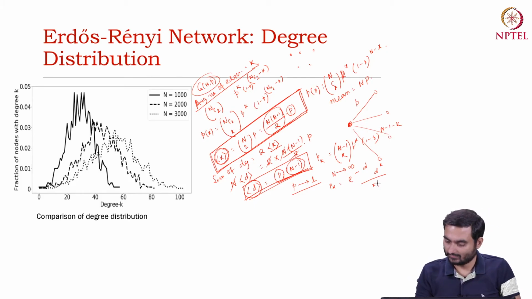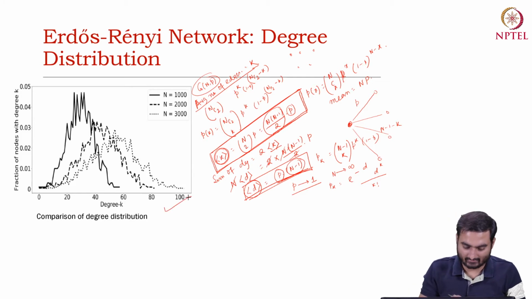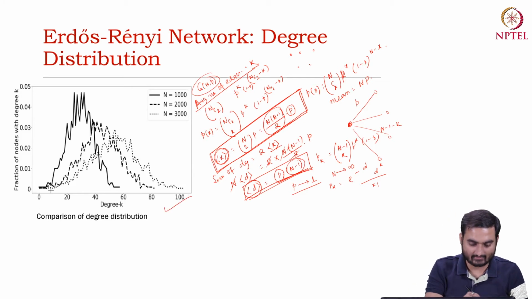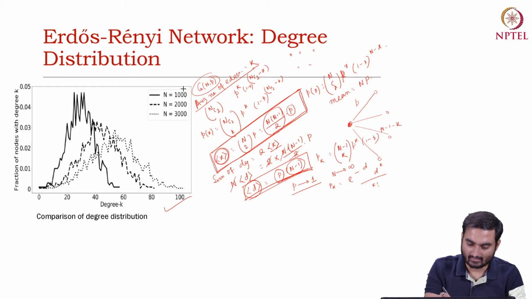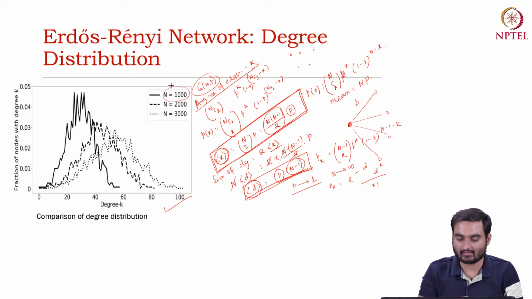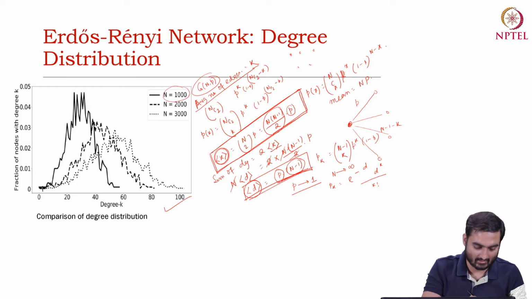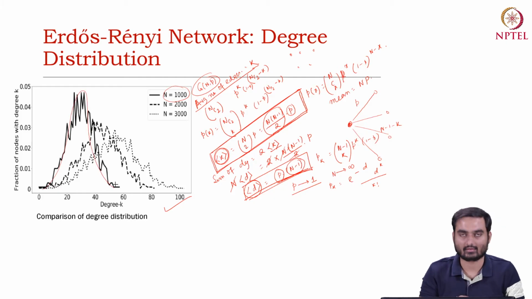Okay. So as you see in this particular figure, this is the degree distribution of a random graph model. With n equals 1000 we have this kind of graph.